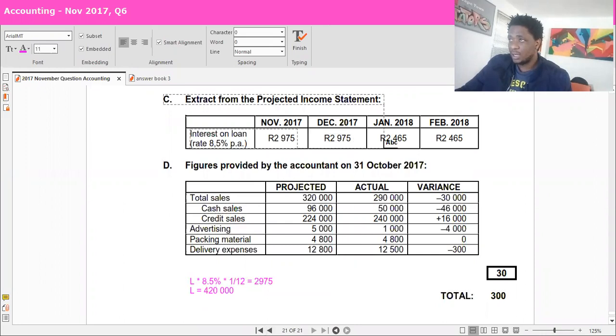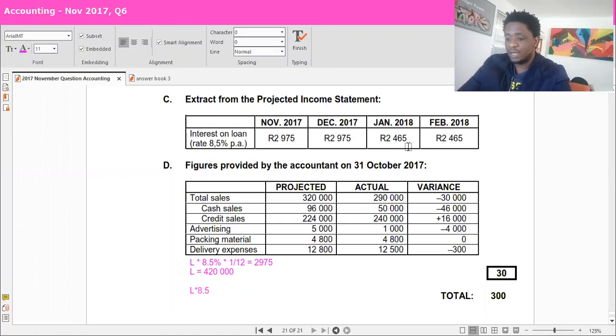And then you see now that in January that amount reduced. So we still don't know what the loan is in January, but we can multiply again by the same 8.5%, and then multiply it by the same 1/12.